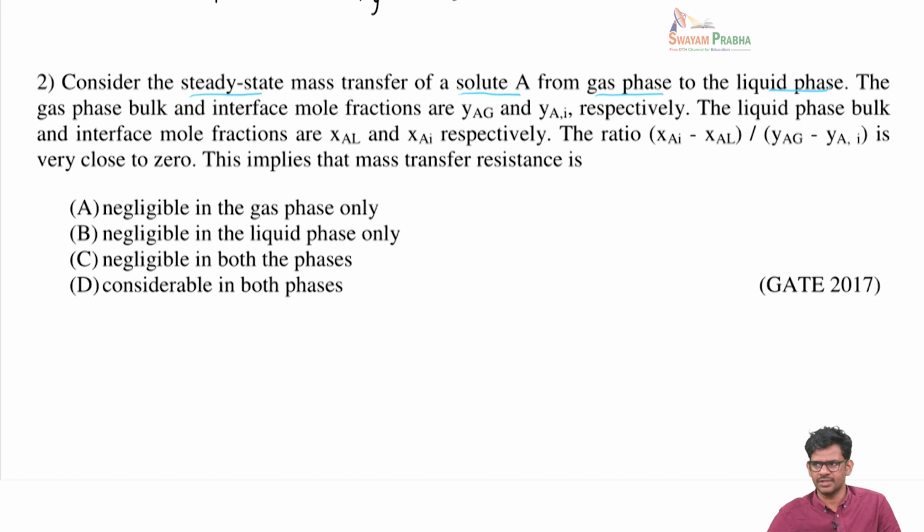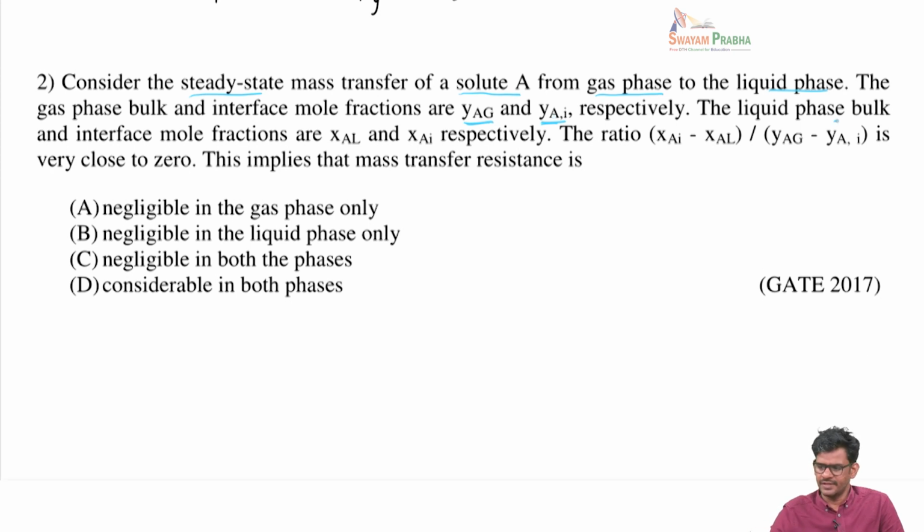Again, more like an absorption problem. It also tells the direction: it's going from gas to liquid. They have also given the mole fraction of the species in the gas phase at the bulk as well as at the interface. Same notation that we used in our lecture: YAG, YAI. A referring to the solute, G referring to gas bulk, I referring to interface.